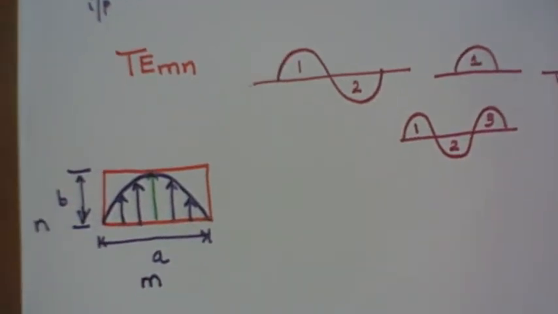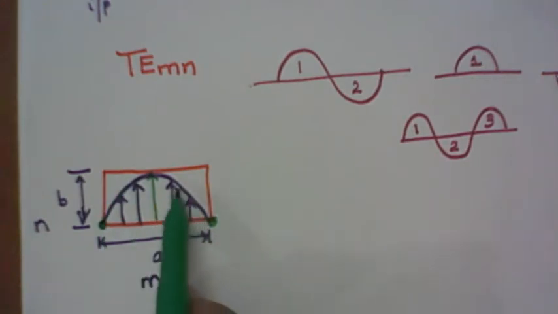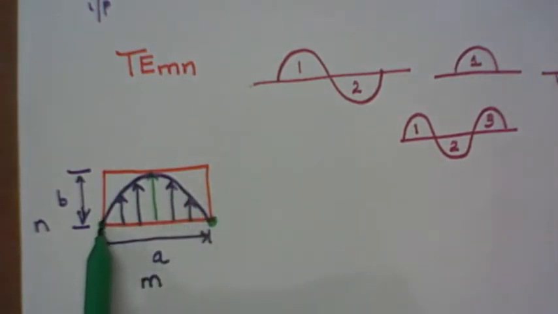Throughout the broader dimension, there is a half cycle variation. At this point, the value of signal is 0. At this point, say 1, then 2, then 3. Then again the signal decreases to 2, 1 and 0.